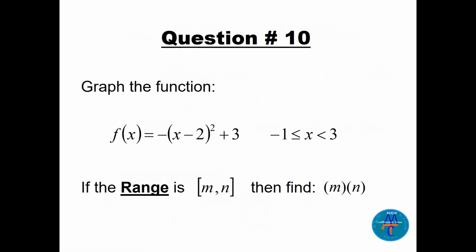Question number 10, given the function, if the range is m to n, find the value m times n. That's a function. I think it's a parabola here because we have a square on the x. f of x always, y, with x between minus 1 closed and 3 open. Just take some numbers from there and then graph the whole parabola limited to this condition.